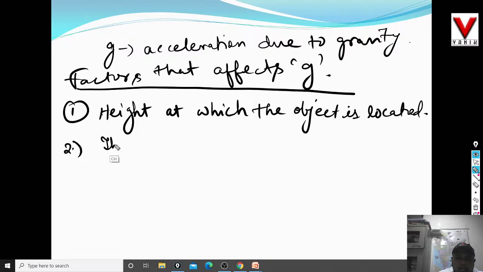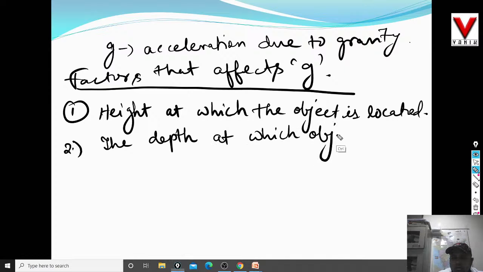Second, the depth at which the object is located.